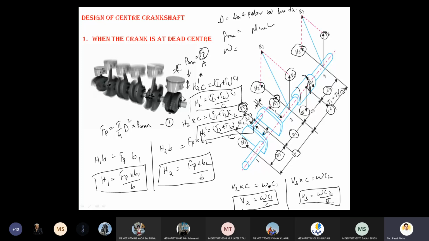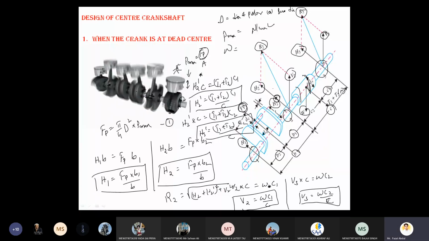Now the resultant force at the bearing number 2. How many bearings do we have here? This is one bearing and this is the second bearing. Sorry, here number 1 bearing, number 2 bearing, and this is the number 3 bearing.